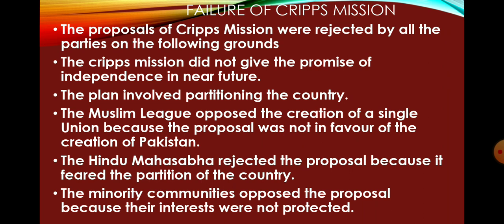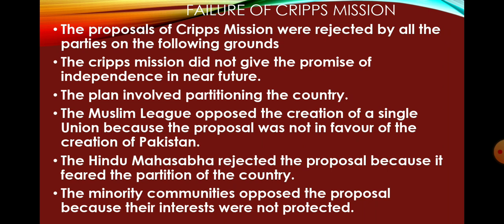Their dream was to create a particular state for Muslims consisting of Punjab, Afghanistan, Kashmir, Sindh and Balochistan. The Cripps proposal was not giving any assurance for making a state for Muslims called Pakistan. As it was not there, the Muslim League opposed the Cripps proposal.